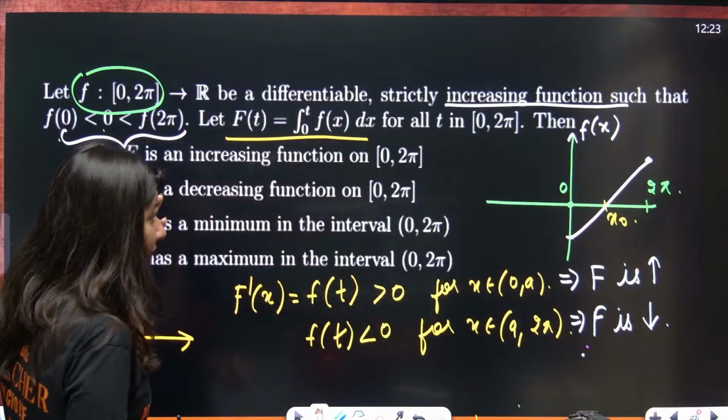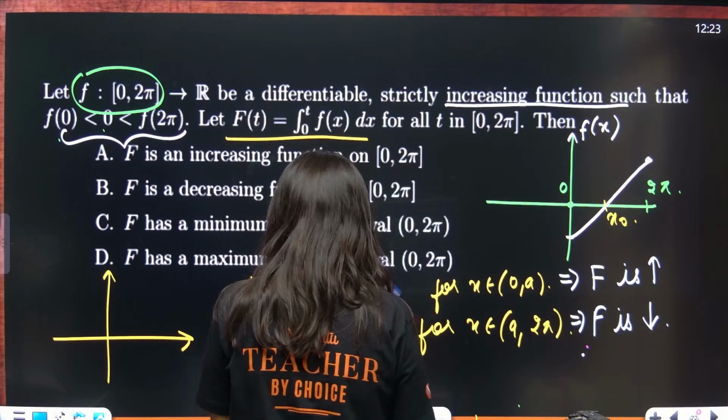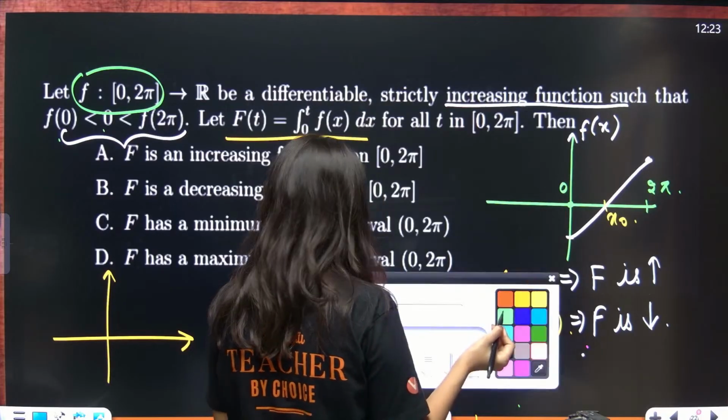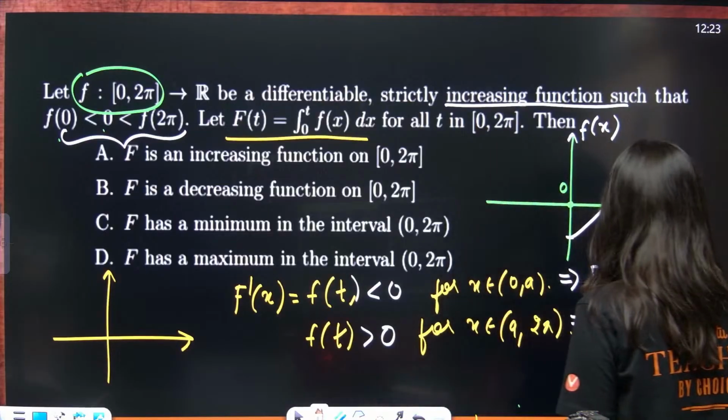Yes or no? Sorry, I have written incorrect over here. Sorry, this is less than 0, this is greater than 0. So it will be opposite. This is decreasing, this is increasing.